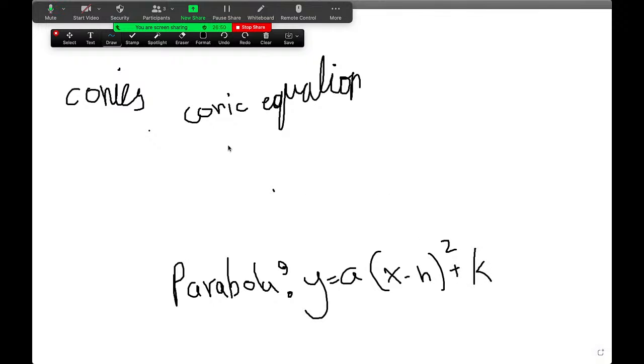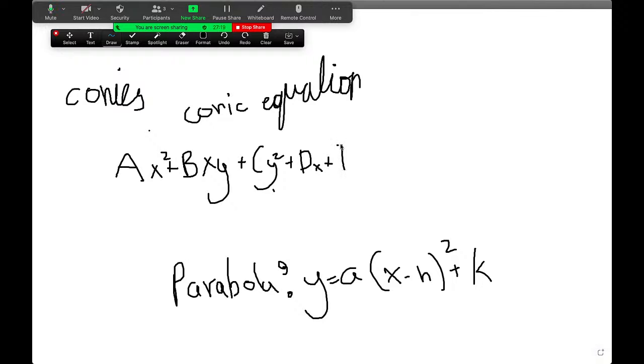The conic equation is a super long equation: a x squared plus b x y plus c y squared plus d x plus e y plus f.